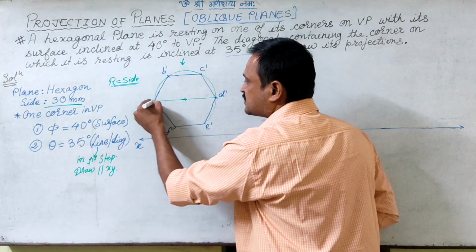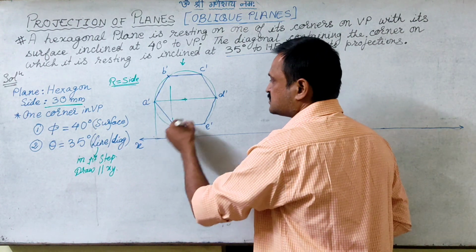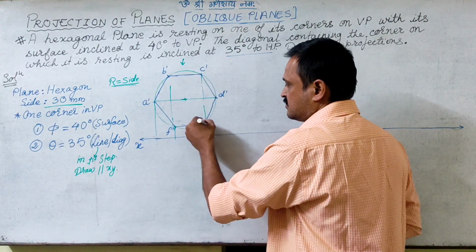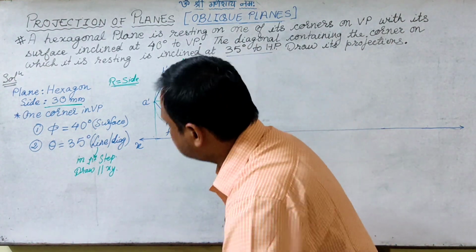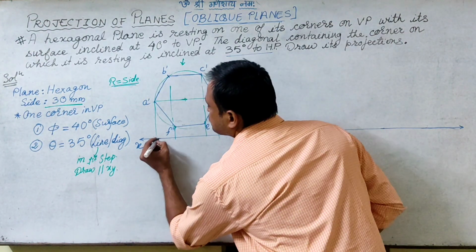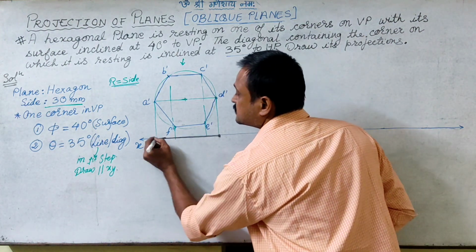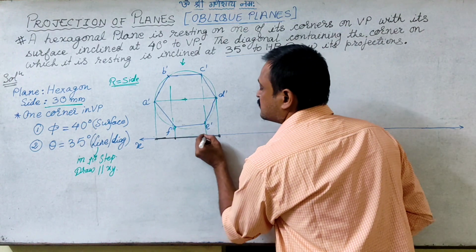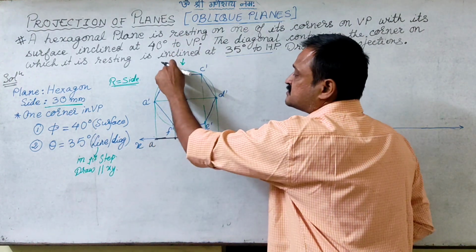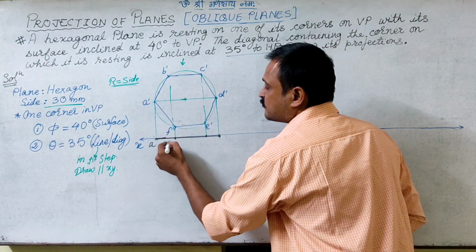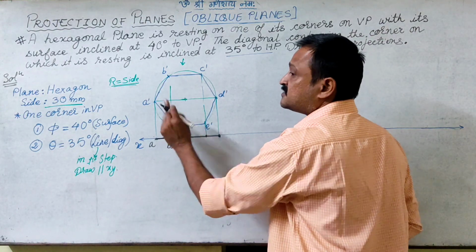So we drop the projectors from A, B, C, and you will see that B and F will match, C and E will match, and D. So we get the trace on the XY line as this, and when I am looking at it from the top, this is A, this is B, F. Now B, comma F, specifies that BF is not an edge.